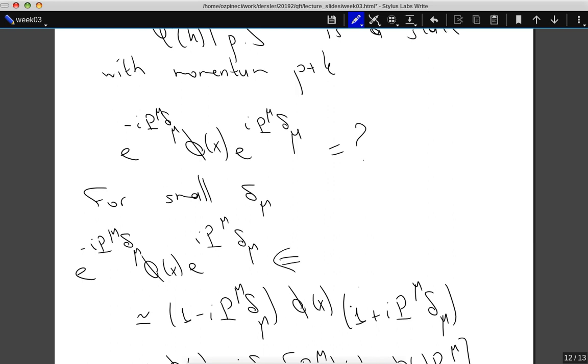Well, that's what I say. I said, let's look at that expression. And what we actually have proven was that this is equal to phi of x minus del. This was the symmetry that gave us the conserved momentum, P mu.